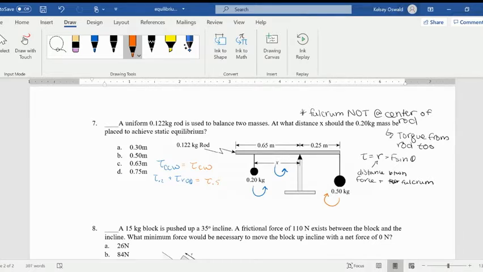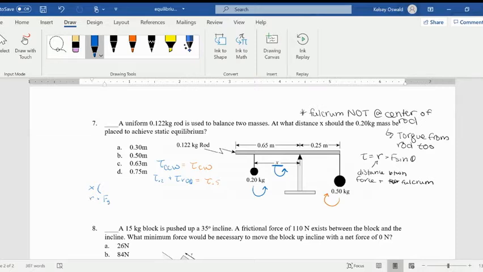Looking at our 0.2 kilogram ball, we don't know our radius, we don't know how far it is from that pivot point. So our radius for that 0.2 kilogram ball would just be x. We need to multiply that radius by the force that ball is applying to our rod. That force is the weight of the ball, which is the same thing as the force of gravity.